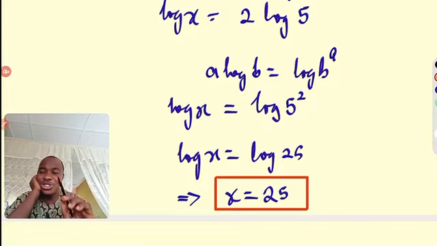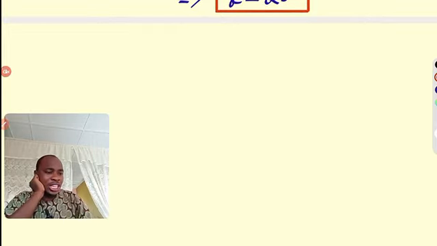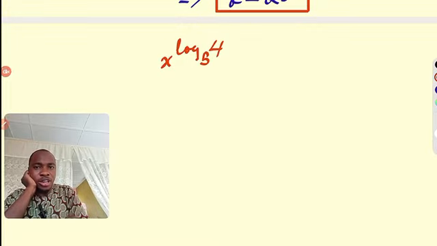I said we are going to do this in two ways. Now the other way is that we are given x to the power of log 4 base 5 equals 16.